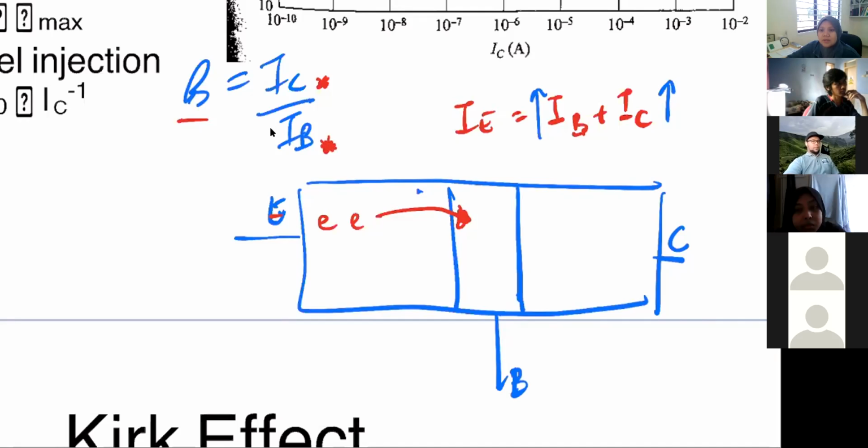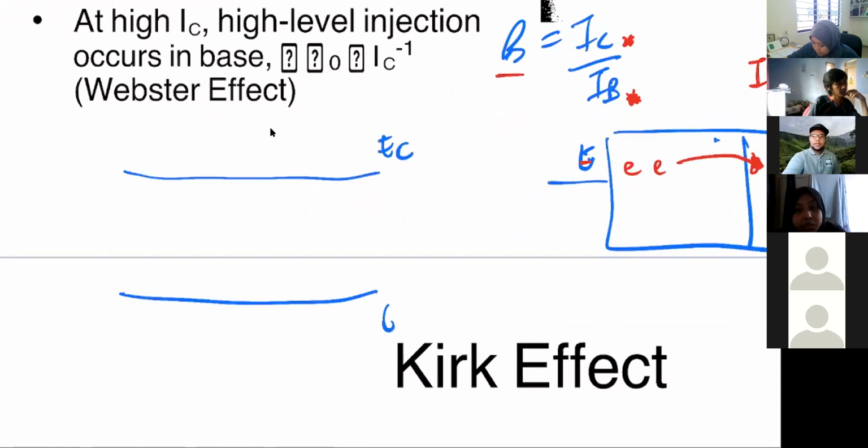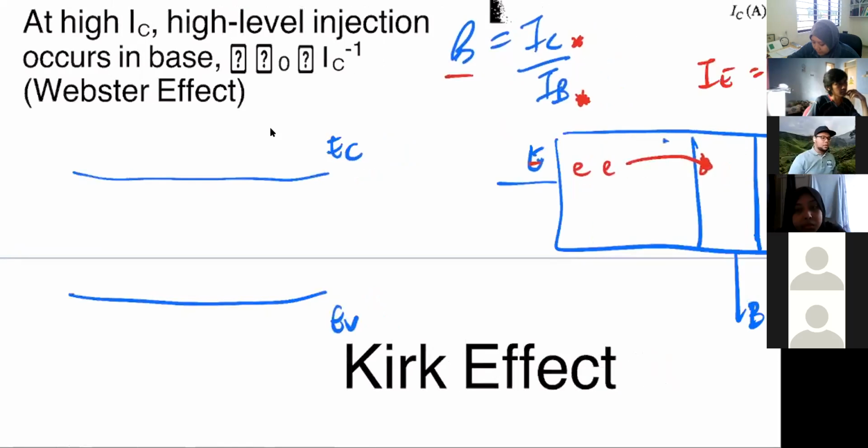It produces a trap. Yes, so it produces a trap, which makes the current pass through easily. Right, so you have more of the generation current.